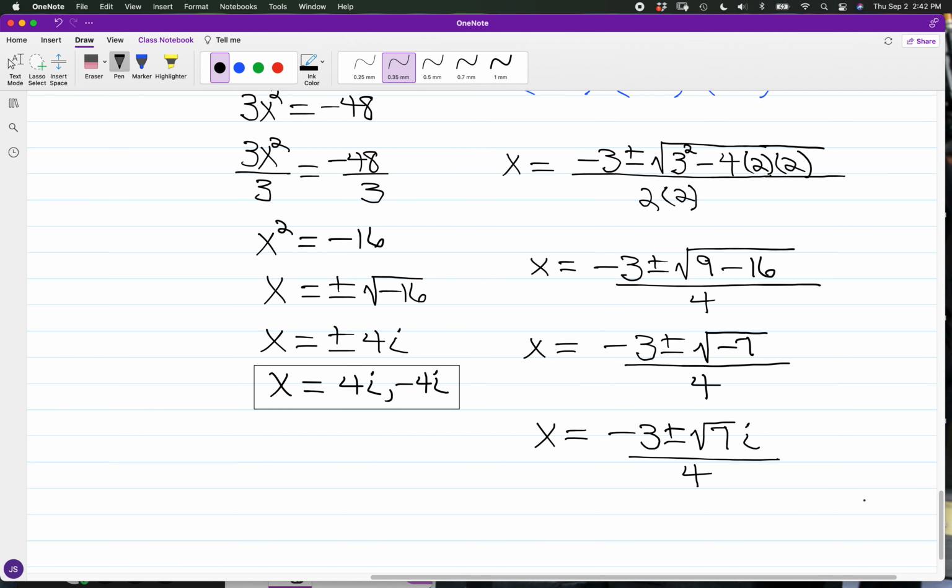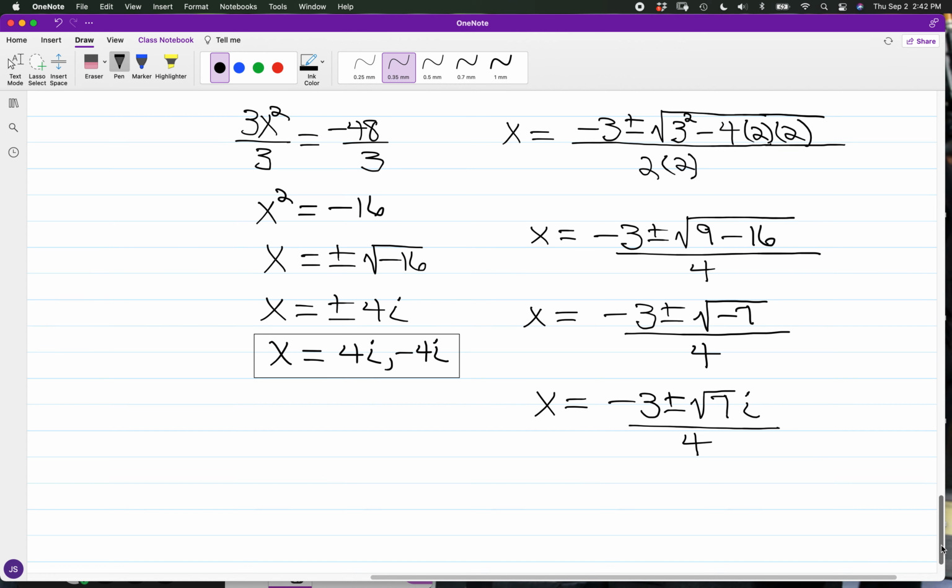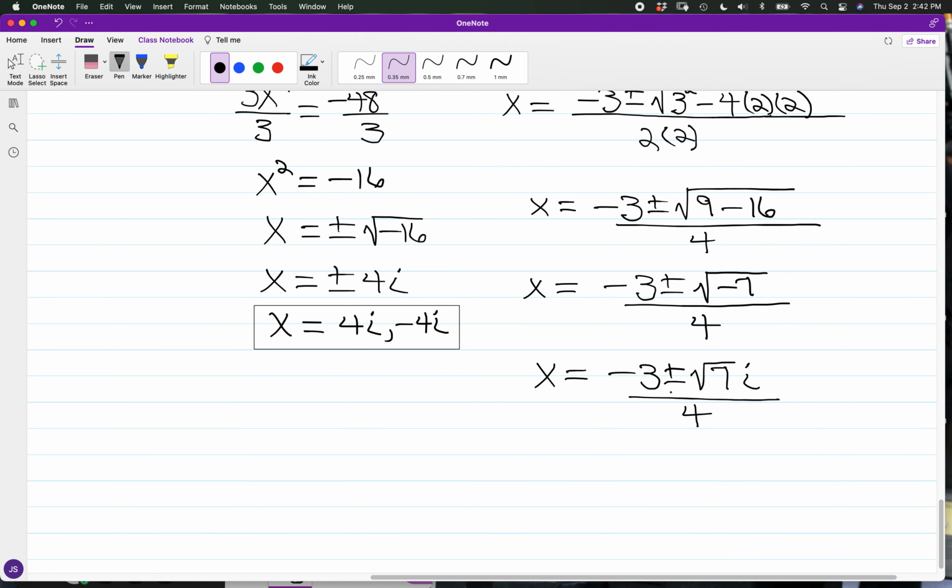And if I had to put our solutions in a plus bi form, if I break it up, we're going to have x is equal to negative 3/4 plus the square root of 7 over 4 times i.